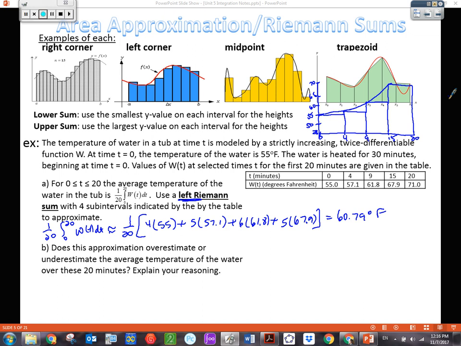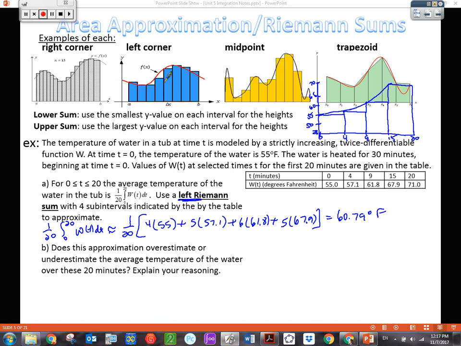What's the mathematical reason? The mathematical reason is I have a strictly increasing function, and I'm using a left Riemann sum. That means it's an underestimate. That's what we need to say.